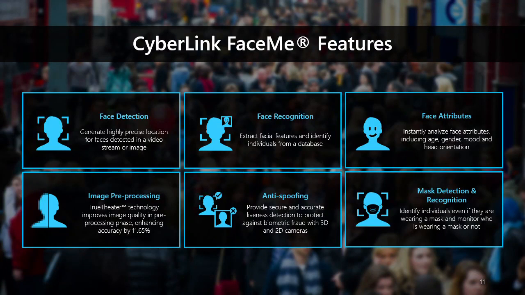The CyberLink FaceMe facial recognition engine comes with the following 6 major features. The first one is face detection, meaning when a person walks into a camera, our AI engine can recognize it's a person. Secondly, face recognition. When you walk into the camera, the AI engine will extract your facial template, meaning how the AI thinks you look.